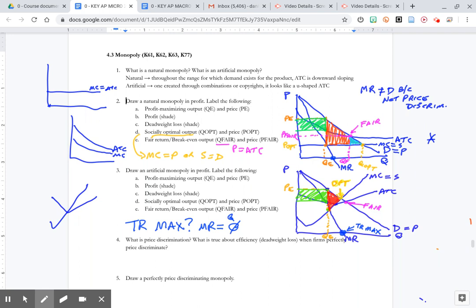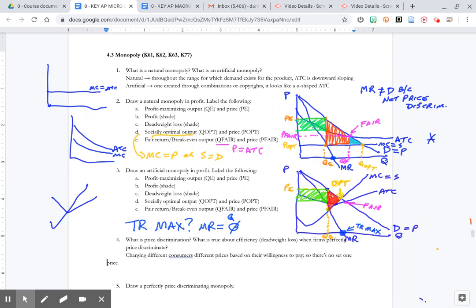All right, now let's talk a little bit about price discrimination. So price discrimination is the idea of charging different consumers different prices based on their willingness to pay. And so there's no set one price. That's the first thing to observe.